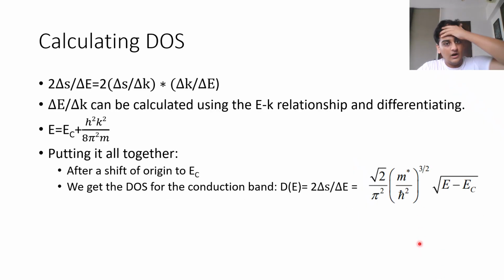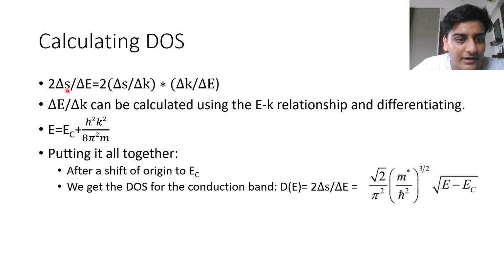Cool. So again, this is how we are planning to calculate 2 delta S by delta E. We're going to multiply 2 delta S by delta K and multiply that by delta K by delta E. Now, delta S by delta K is what we already calculated on the last slide. We have this E-K relationship again, E equal to EC plus h square K square by 8 pi square m.